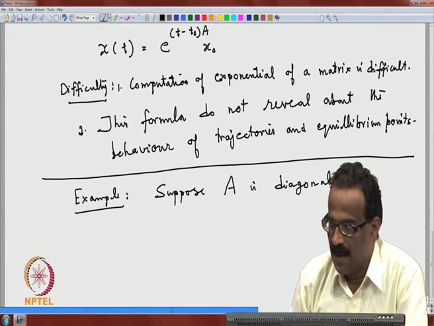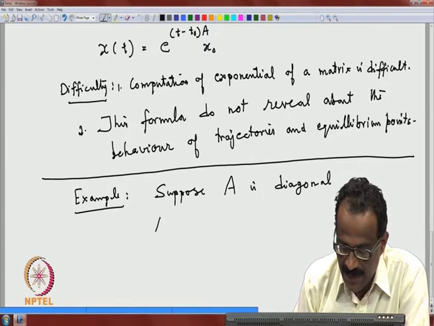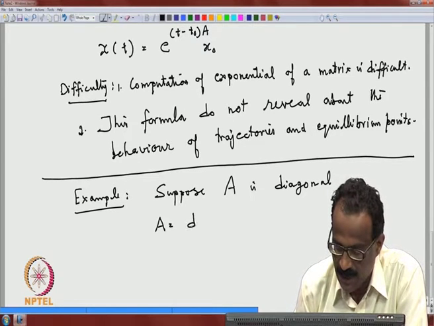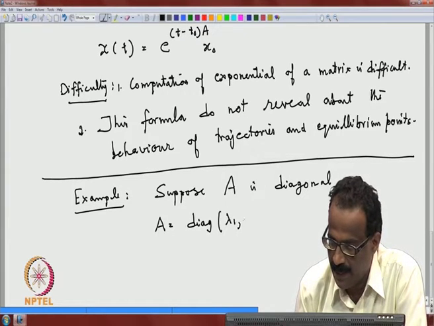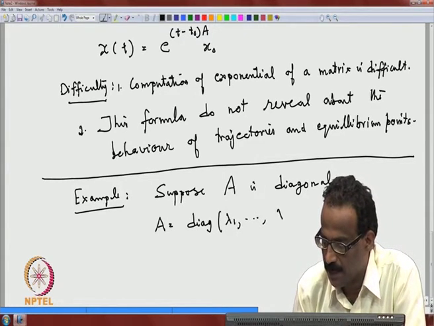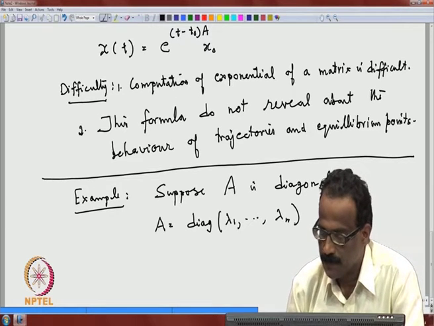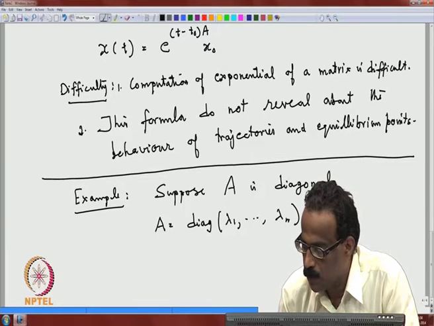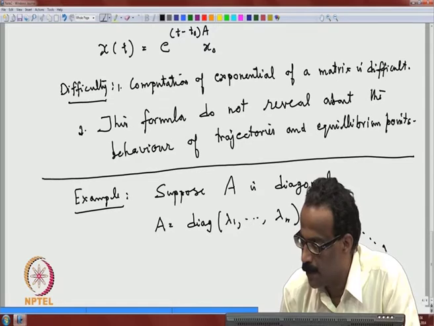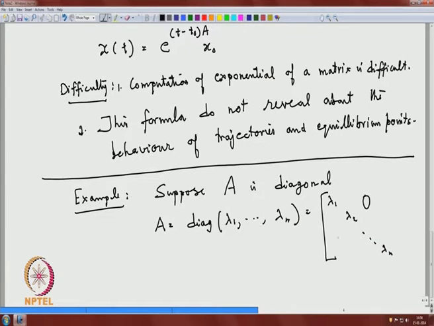That means I write a diagonal matrix in this form. I will write only the diagonal entries, lambda 1 through lambda n. This is nothing but lambda 1, lambda 2, only along this diagonal up to lambda n, and all the other elements are 0.